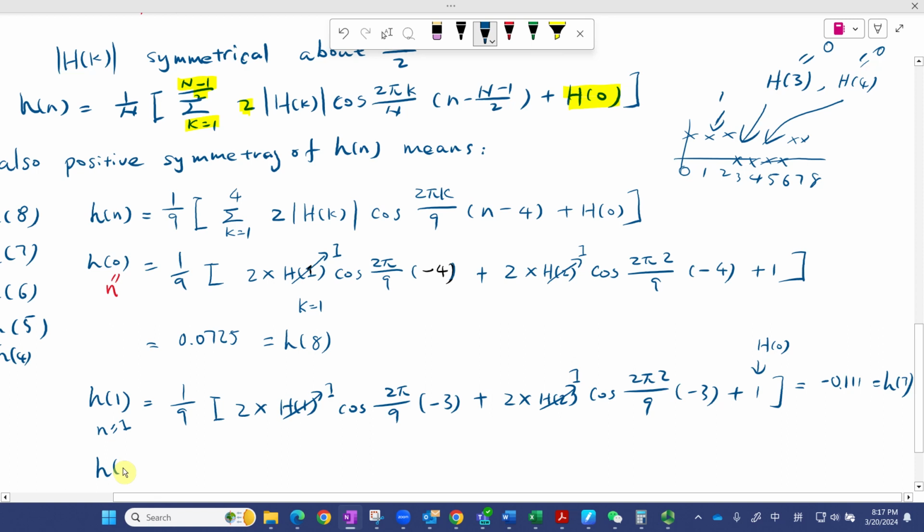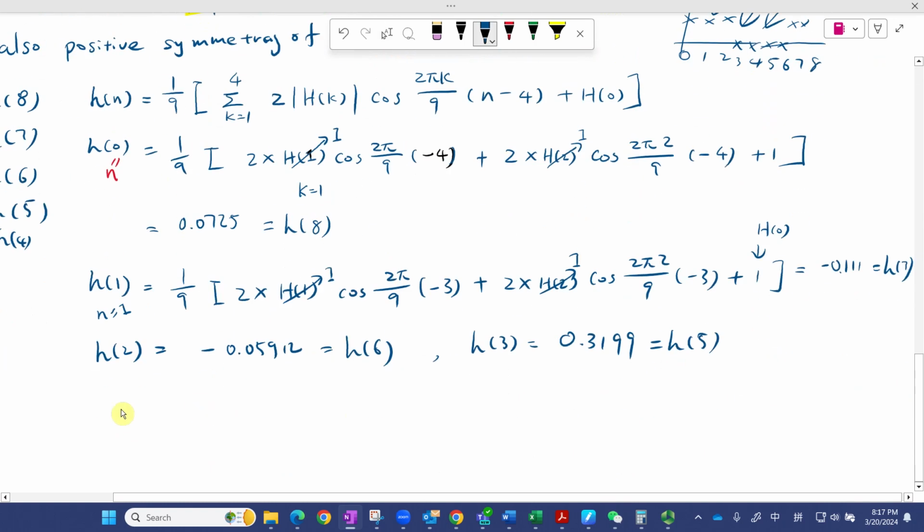You're going to do this for h2. I will not write the full version. It is equal to negative 0.05912, and this one also equals h6. Then h3 equals 0.3199, and this one equals h5. And for h4, it's a bit interesting. So 1 over 9, let's do that.